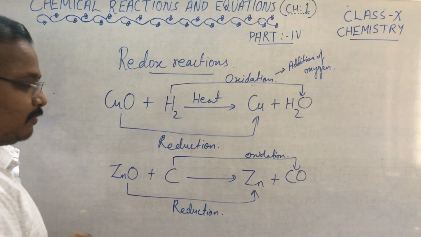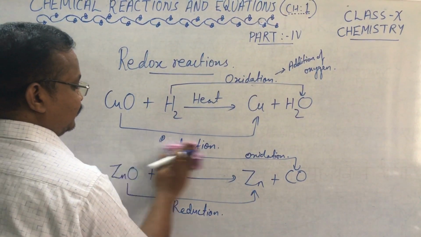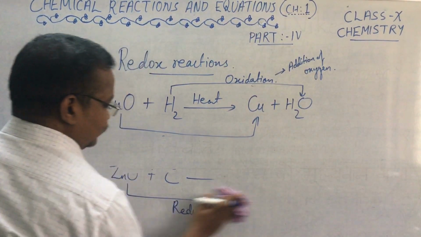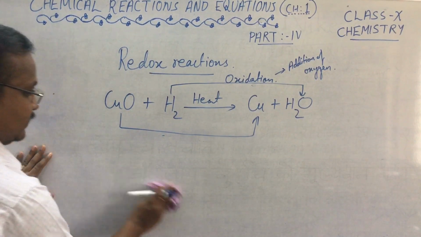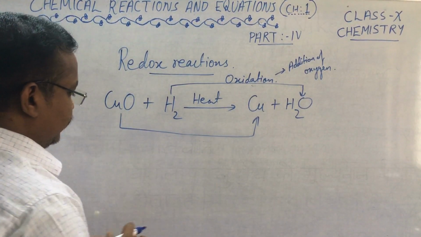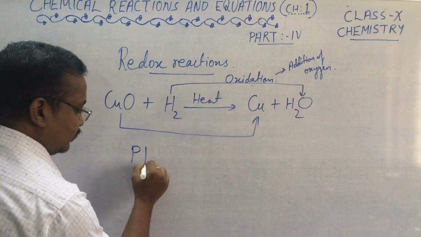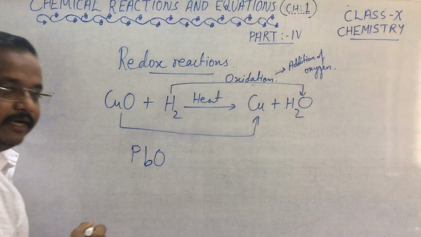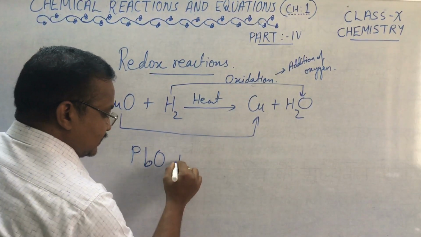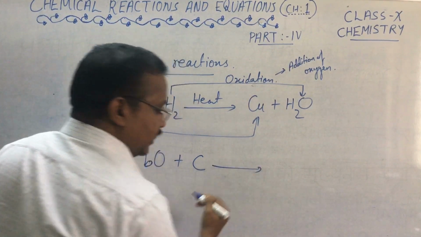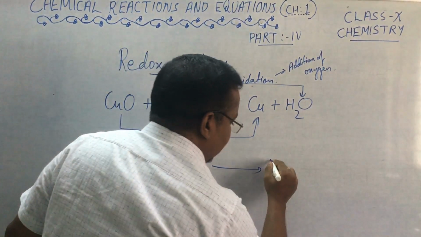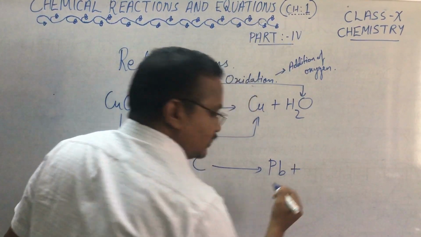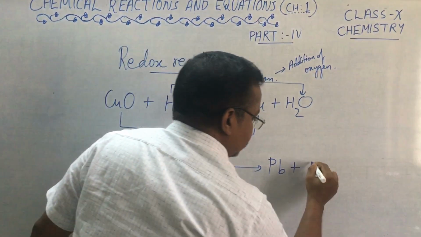So addition of oxygen is called oxidation, and removal of oxygen is called reduction. Let us look at some other examples also. That is PbO, lead oxide, reacting in a similar way with carbon, producing lead plus carbon monoxide.